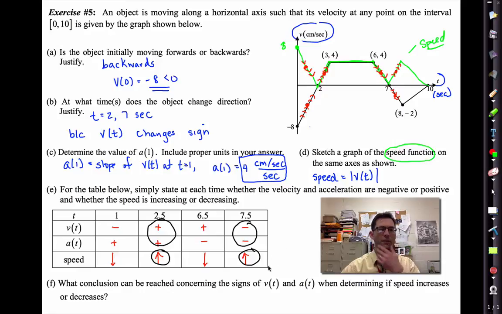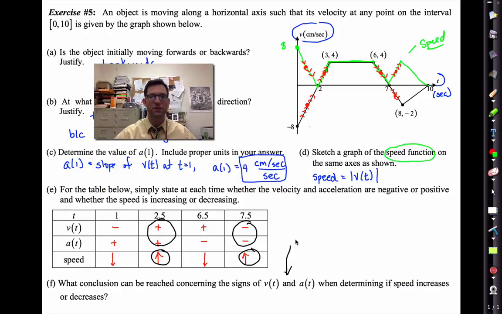Now what do they have in common? So this is really letter F. We're going to use this space right up here. So speed will increase when A and V have the same sign. Both positive, both negative.